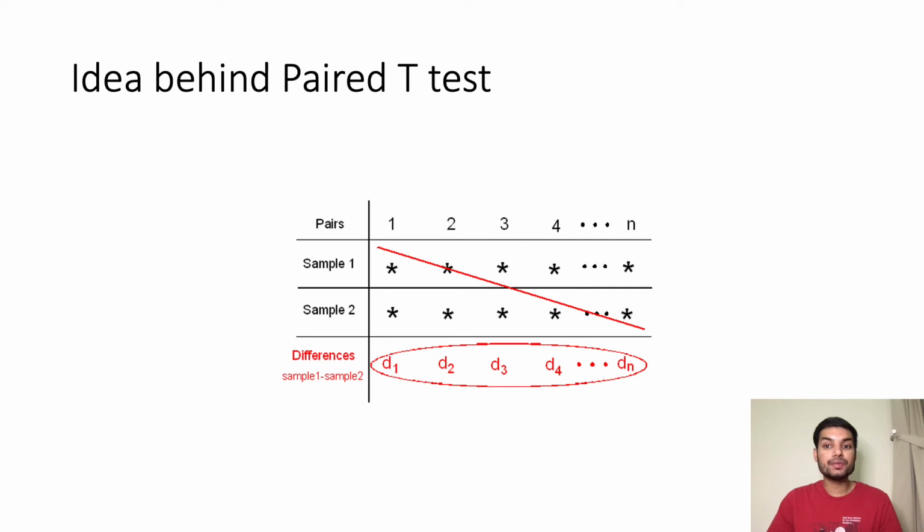It uses those differences as data for a one sample t-test on a single mean, that is, the mean of differences. This is the general idea behind the paired t-test. It is nothing more than one regular t-test for the mean of differences.